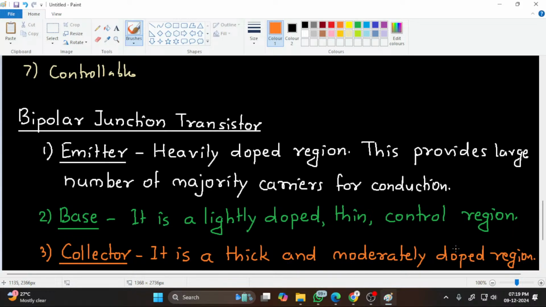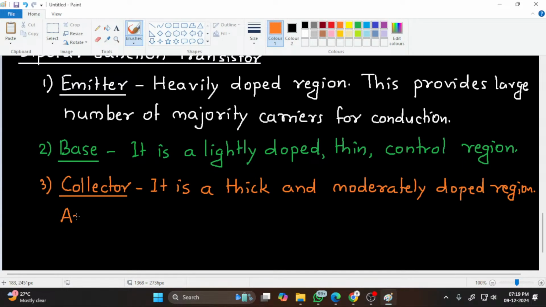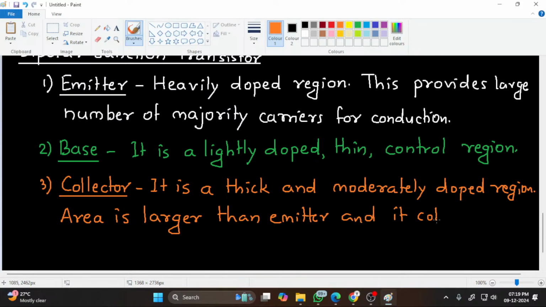Its area is larger than emitter, and this layer collects a major portion of majority carriers, so its area is highest.